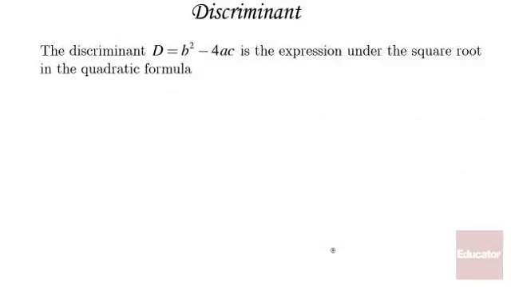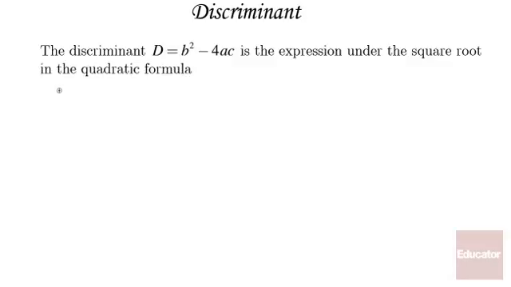The discriminant, D, is simply the expression that is under the square root in the quadratic formula. The discriminant is very important because it tells you the number of solutions and the type of solutions that you're going to get. As I mentioned, there are three possibilities with a quadratic equation in terms of solutions.